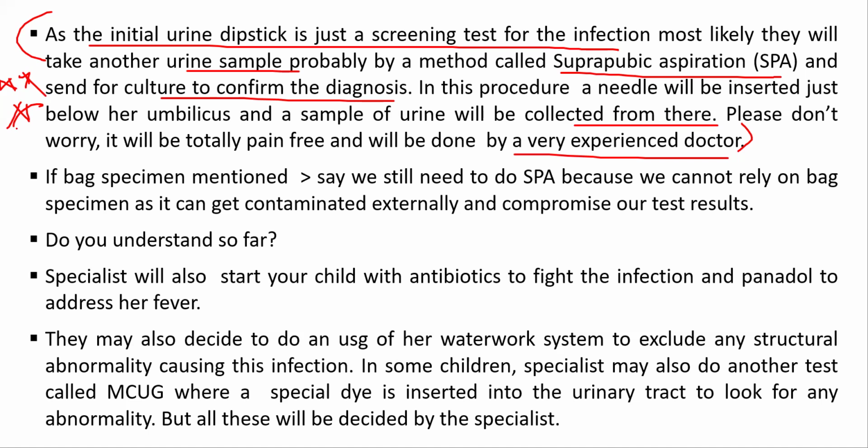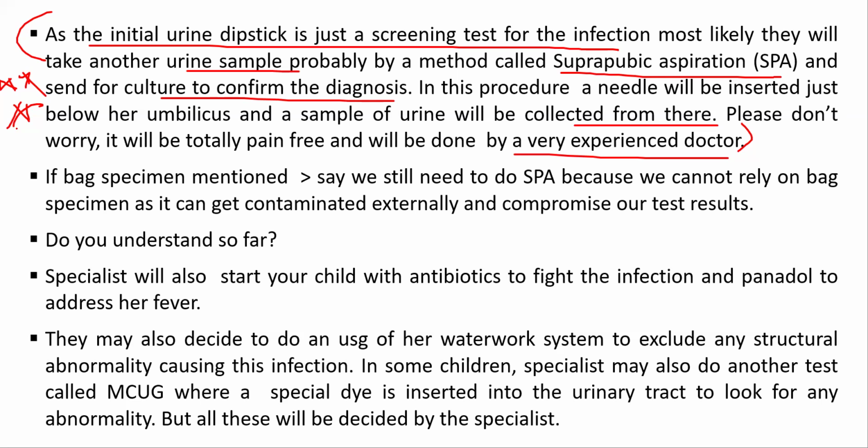Then you have to say that I understand that this is scary for you. And believe me, I would also be scared if I was in your place. But the most important thing is to find out the infection which is causing this symptom. And if we don't find it out, sometimes we are not able to treat it accordingly, and this infection can spread to your baby's whole blood, causing a life-threatening complication.